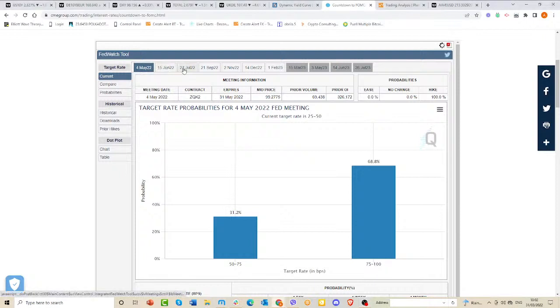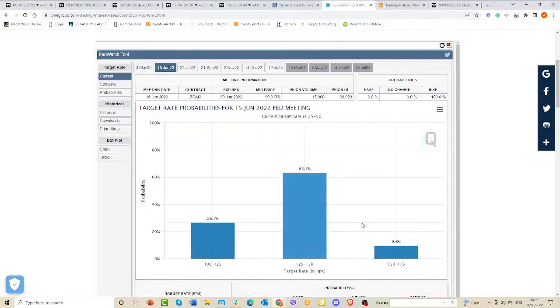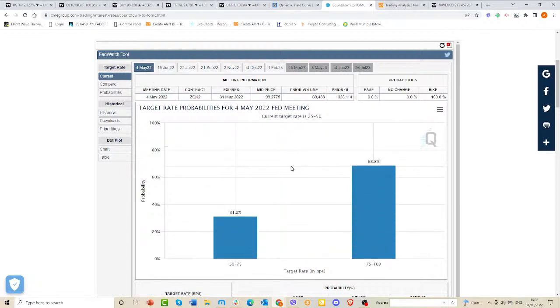By clicking on these dates, you will see how the market is pricing in the possible moves for the rates. So on the 4th of May, due to inflationary pressures on the upside, the market is already pricing in almost 70% certainty that rates will go up 50 basis points.